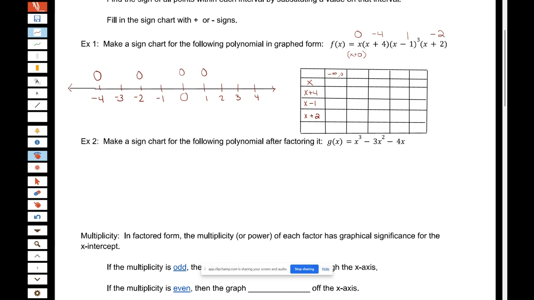The first one is negative infinity to negative 4. Then we have negative 4 to negative 2, then negative 2 to 0, then the region from 0 to 1, and then 1 to infinity. So we put that across.